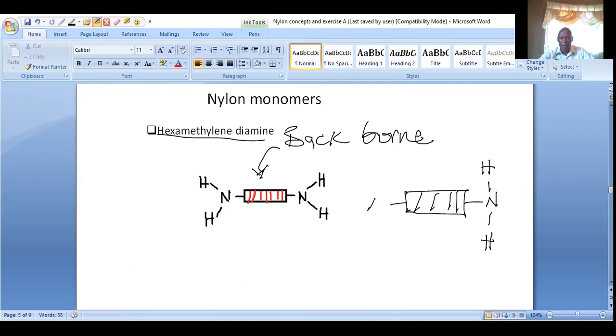Because nitrogen has a valence of 3, it will have 3 bonds. So this is the diamine linkage, one of the monomers used to form nylon.